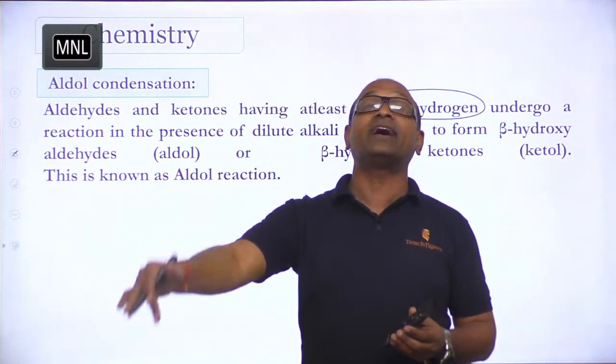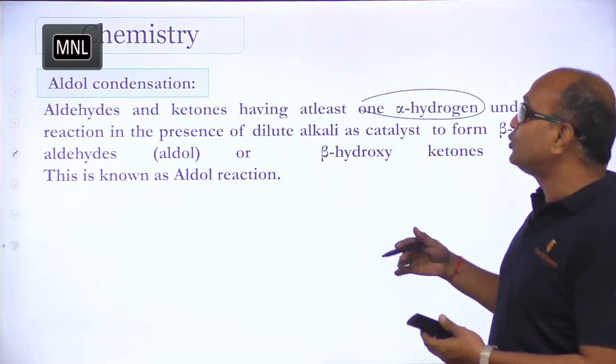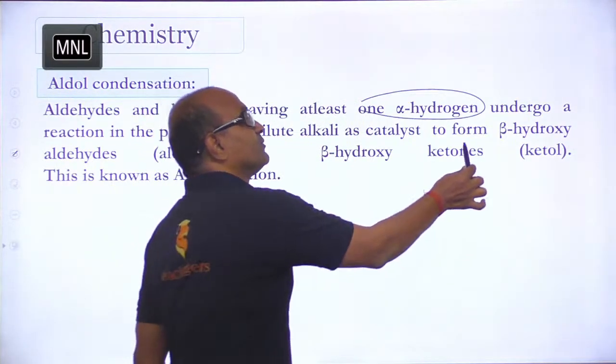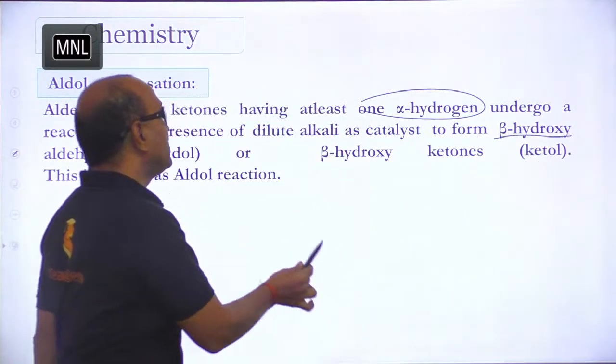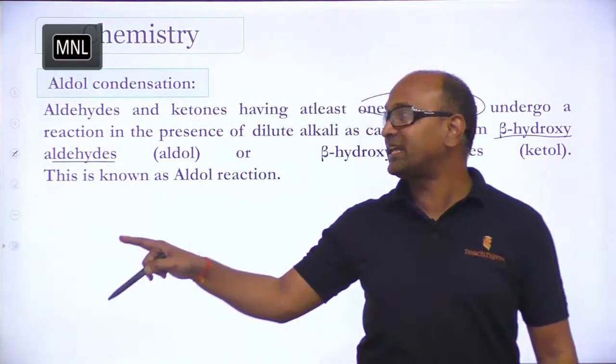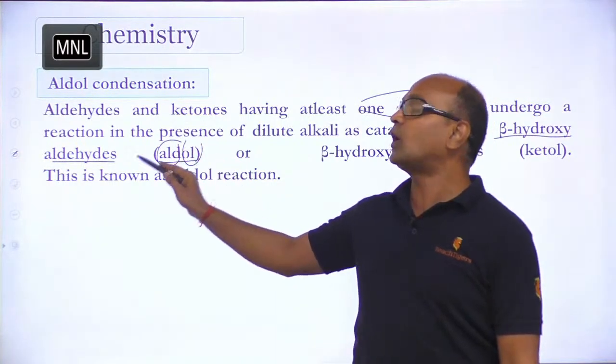In the presence of an alkali, they react to give beta hydroxyaldehyde. The product of this reaction is beta hydroxyaldehyde, and that's the reason we call it aldol, because it contains aldehyde group and alcohol group.